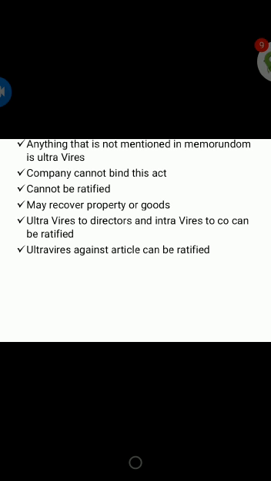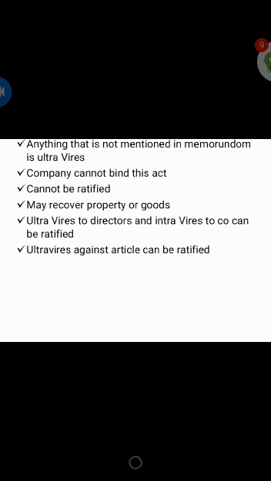The company is doing something legal, but that legal act is not mentioned in the memorandum of association. So what happens if it is not mentioned in the memorandum of association? You may do anything, legal or illegal, it becomes ultra vires.